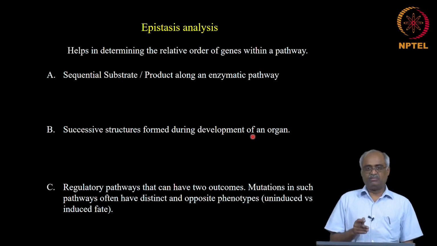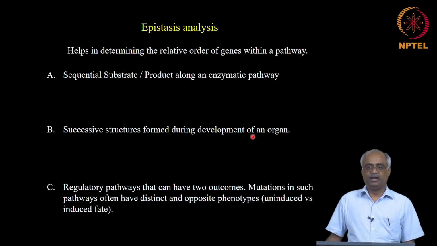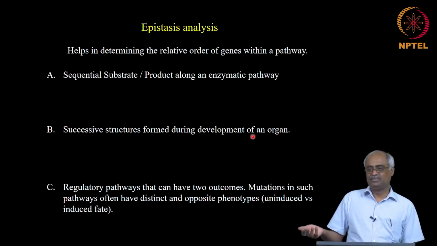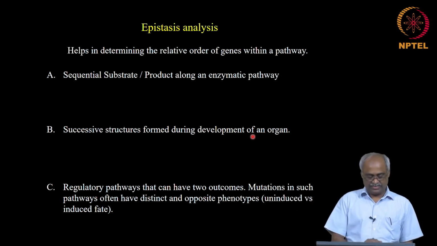It is like you have a stone and then you sculpt an idol out of it, right, or you carve something. So, you have a starting material and then you have intermediate steps, you build upon something over multiple steps. So, that is successive structures.